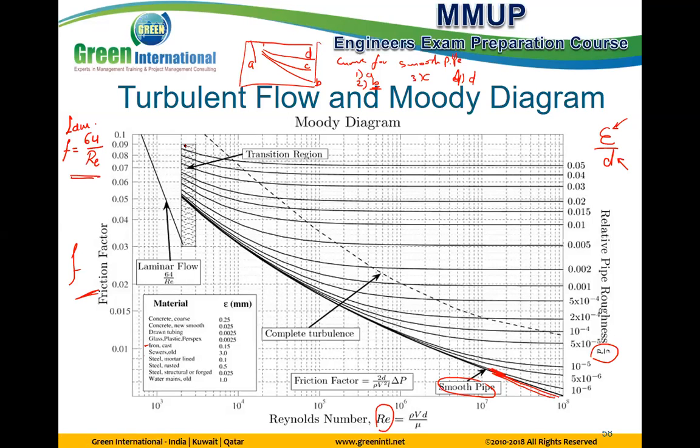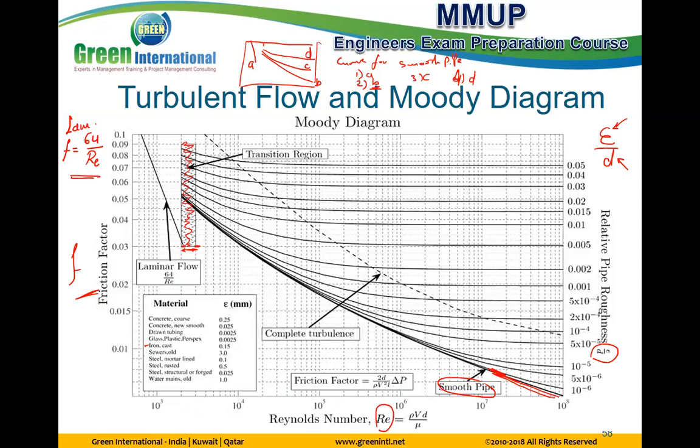This area, as you see, is a small area here, because this is a logarithmic scale, not a regular scale. So this range for the transient is small.